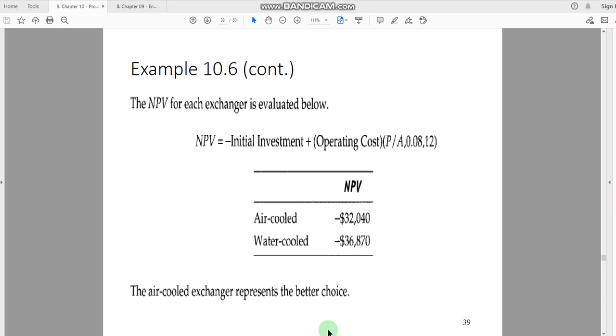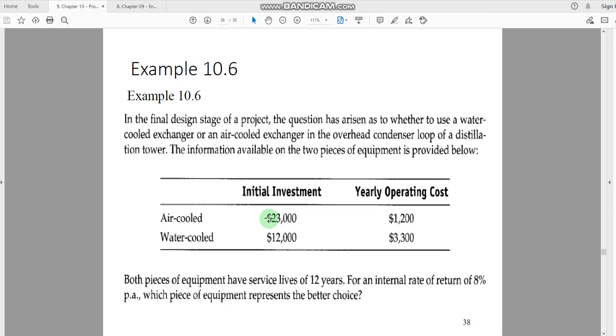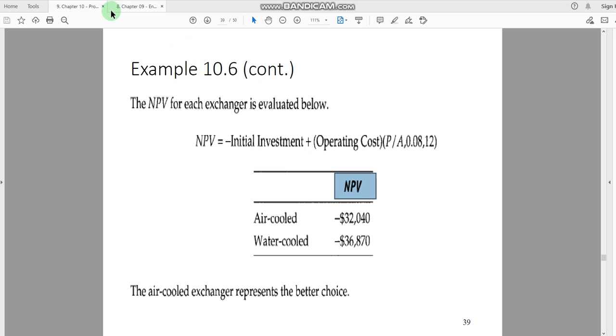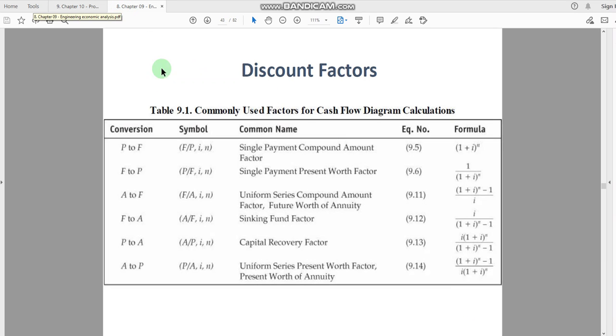We have to do the net present value analysis for each of the equipments and see what the net present value is for each. To get the net present value, we know the initial investment and we know the yearly operating cost. So we can use the equation that relates present value and annuity.